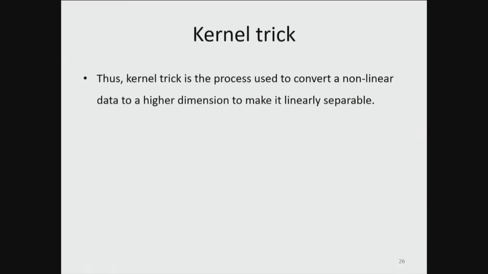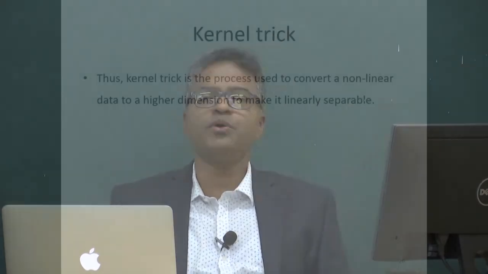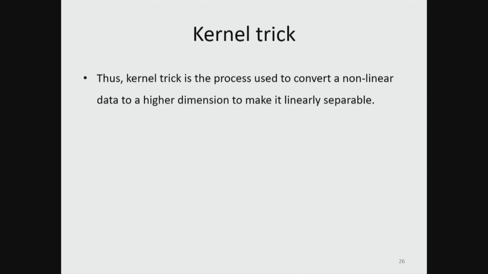Okay, any doubt? We have just introduced the concept of the kernel trick. Therefore, kernel trick is the process we use to convert non-linear data to a higher dimensional one in order to make it linearly separable.